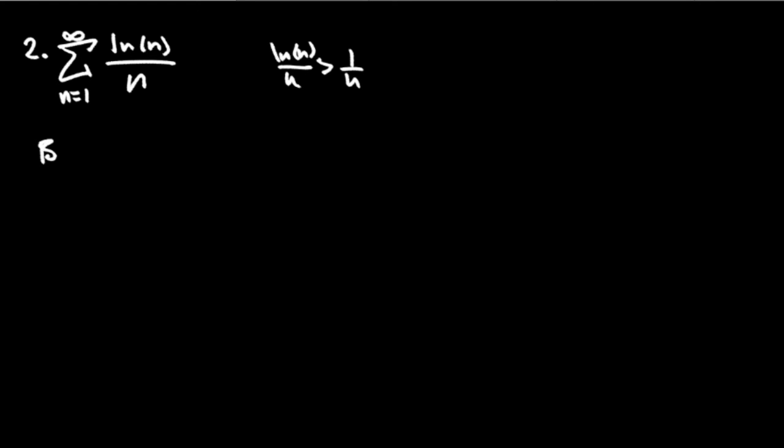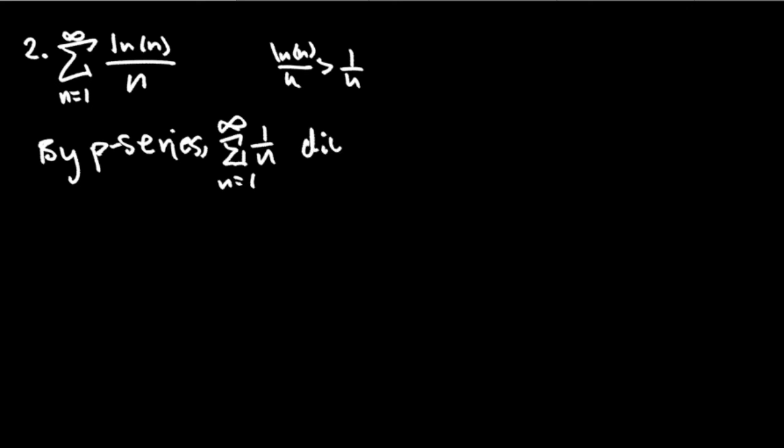So by p-series, the summation from n equals 1 to infinity of 1 over n diverges.